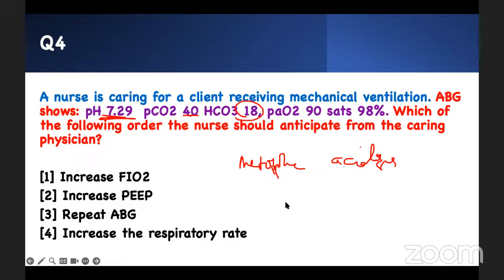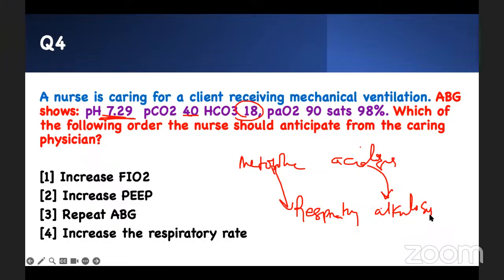If it's a metabolic problem, it becomes respiratory. If it's an acidosis, it will become alkalosis. So every time you see an ABG, the compensation is the treatment of that problem.